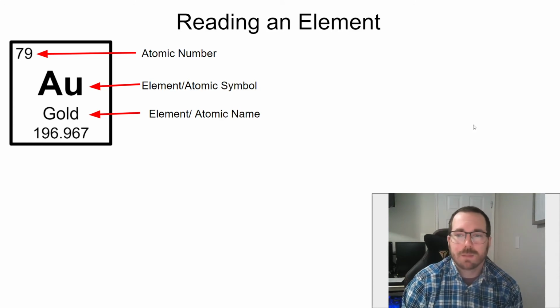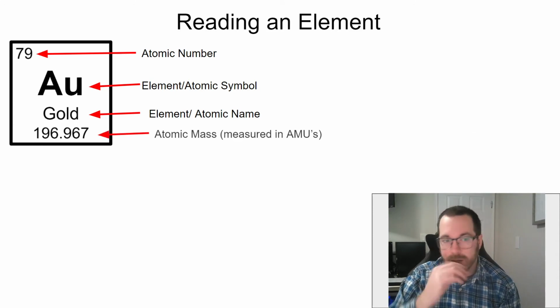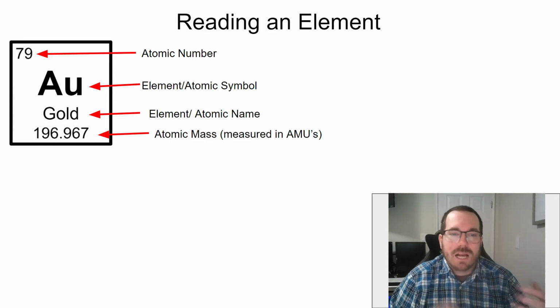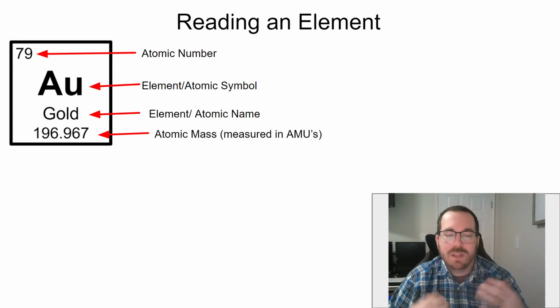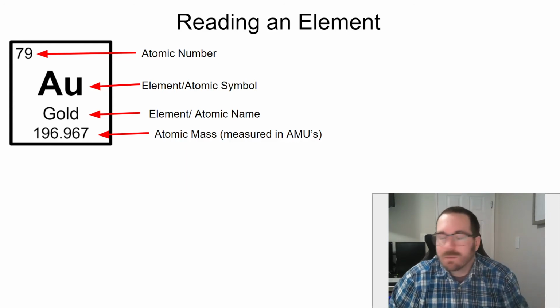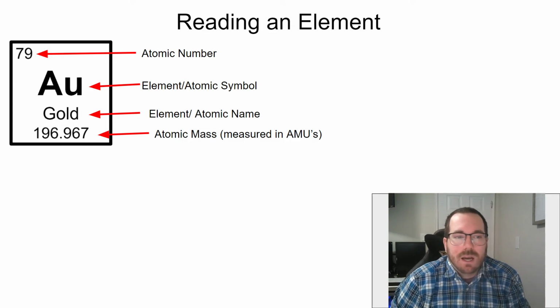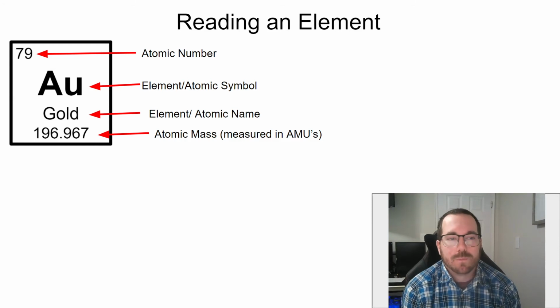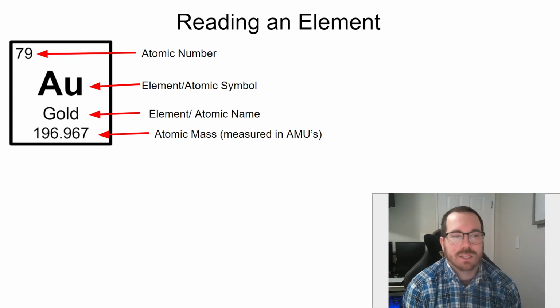And then finally at the bottom here, you see a really odd number, and that's the atomic mass. If you remember in our last video, we talked about how the atomic mass is how heavy the atom is or how much mass it has. And it's kind of hard for us sometimes to understand units that are that incredibly small. And so they have their own unit of measurement that we call AMUs, which stands for atomic mass units.